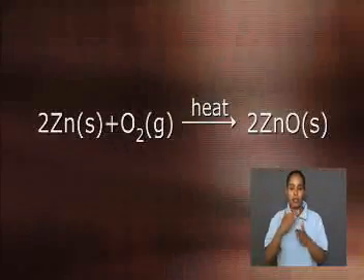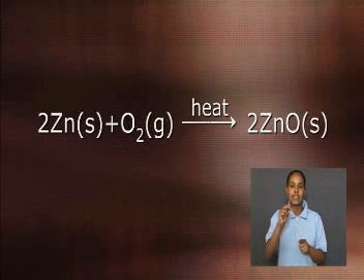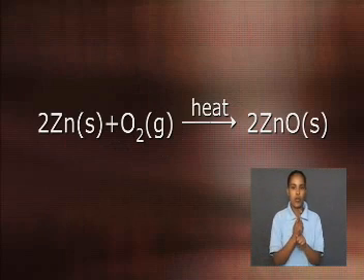Zinc also reacts with aqueous solutions of sodium hydroxide. The reaction produces sodium zincate, which means that zinc displays amphoteric properties. When zinc is heated, it reacts with oxygen to form zinc oxide.